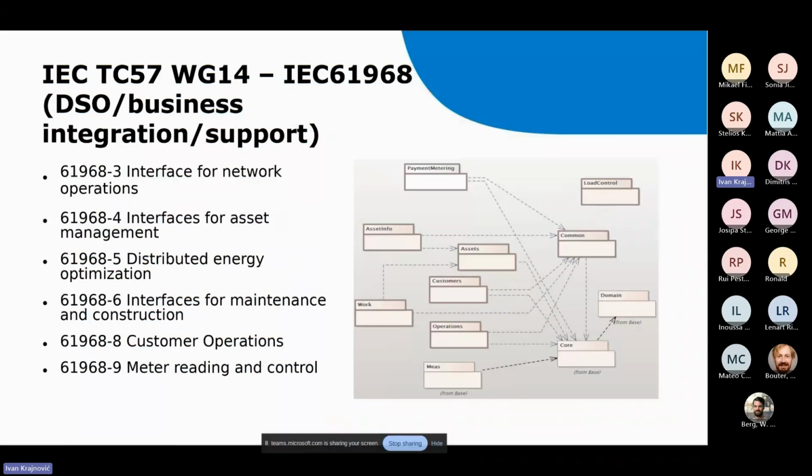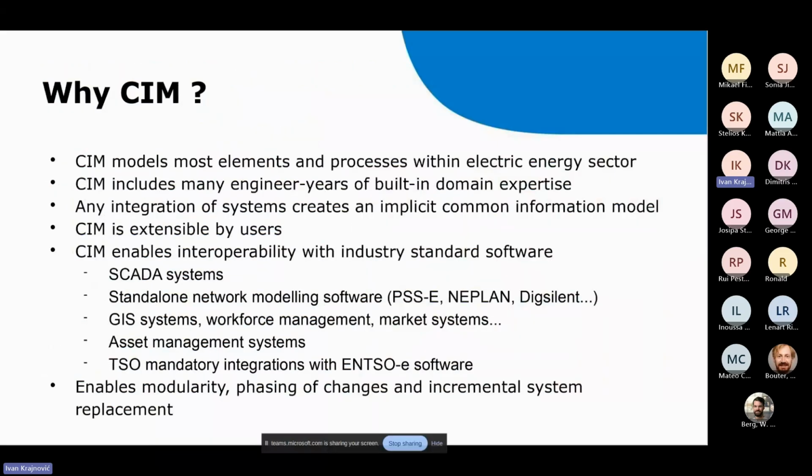TSOs deal mostly with other TSOs and their own DSOs. DSOs deal with customers, deal with distributed generation much more, etc. More maintenance, metering, etc. So this working group handles this. And there's the market working group that I don't know much about really.